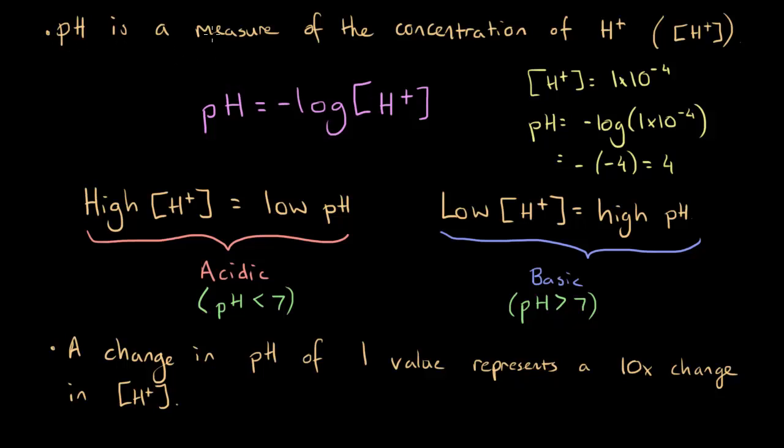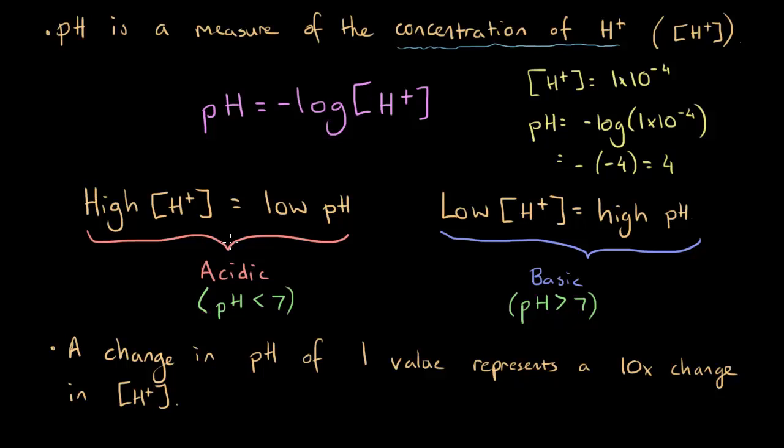Given that pH is a measure of the concentration of H+, that means that you can make predictions about pH based on your knowledge of relative concentrations or relative strengths of different substances. For example, if you had 1 mole per litre of hydrochloric acid, which is strong, and 1 mole per litre of acetic acid, which is weak, the hydrochloric acid is going to have a lower pH, simply because it's going to have a greater concentration of H+ ions, being a strong acid.